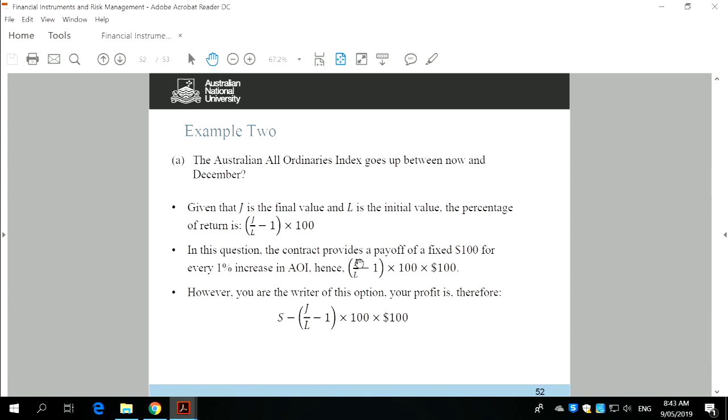And then we know that for every 1% increase, you get $100, right? So it's $100 multiplied by this whole equation here. And then once again, because you're the writer of the option, you will receive the premium. So that's what you receive minus what you paid out. Okay? So that's basically all for question 2.